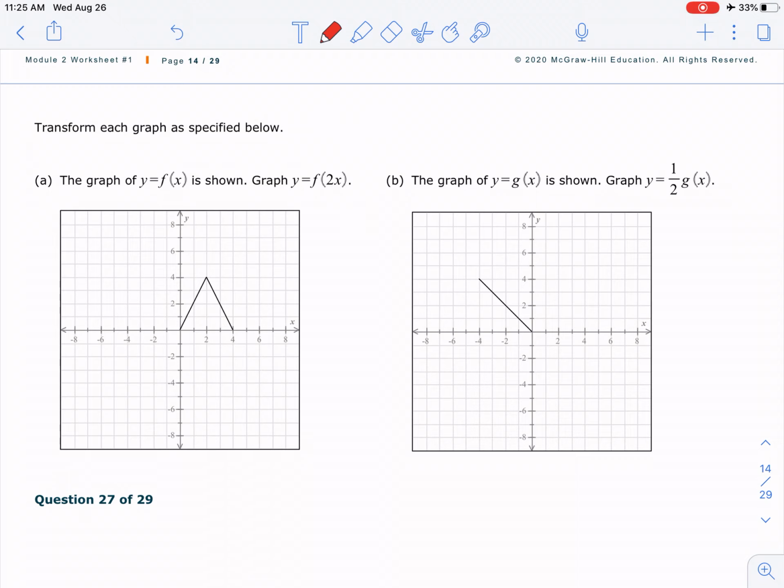So we have 0, 0. This one right here, the x coordinate is 2. So if I divide by 2, I'm going to get 1. So it's going to be right here.